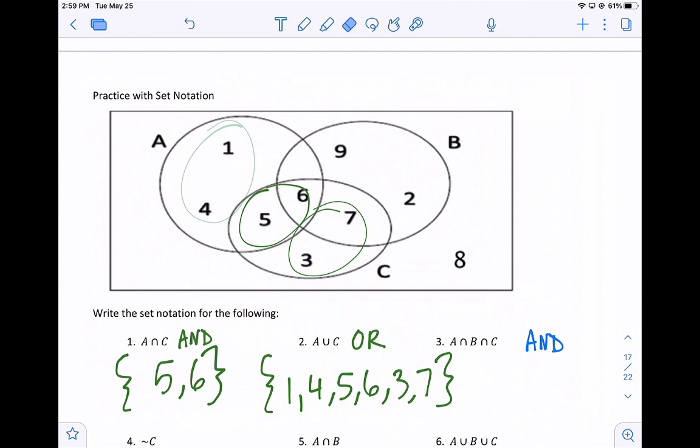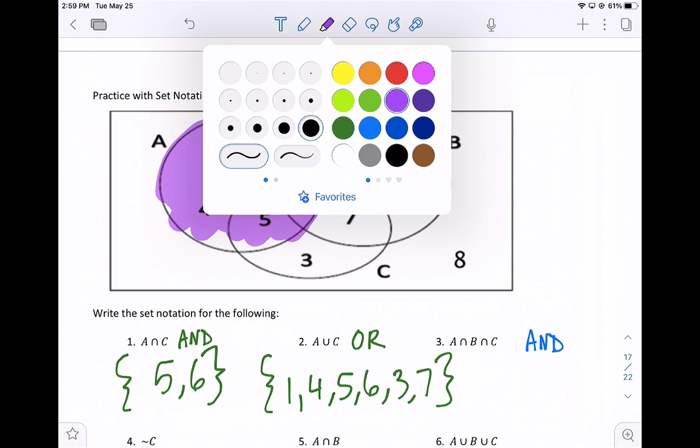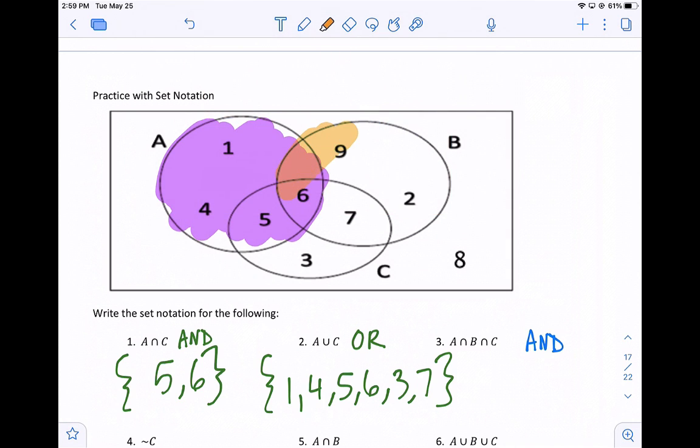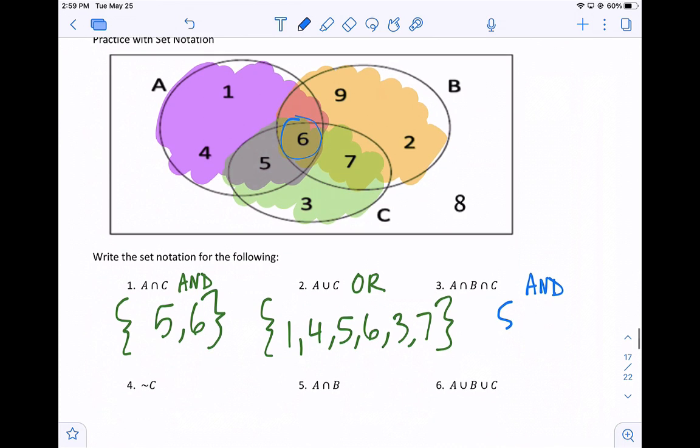Let's highlight again. Here's everything in set A, everything in set B, and everything in set C. We're looking for where it overlaps for all three, and that's just one number this time, the 6.